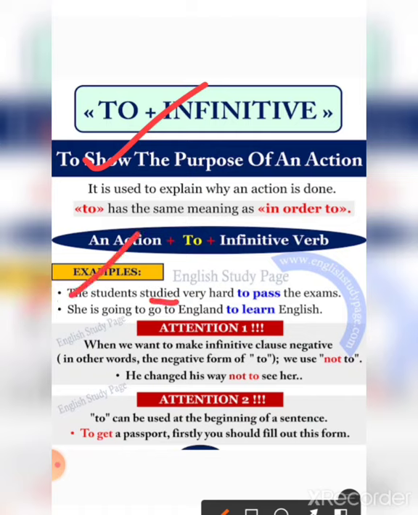Here studied is given, that means past tense. But you will not write past tense over here; you have to write present tense. Why? Because to infinitive is used over here. So the student studied very hard to pass the exam.